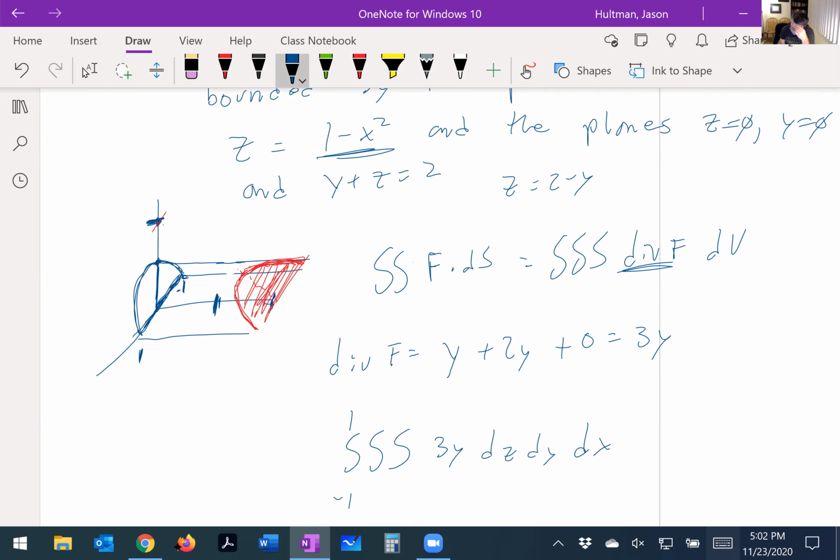I think I'm going to reverse my limits of integration, because I want y in terms of z, and then I want z in terms of x.